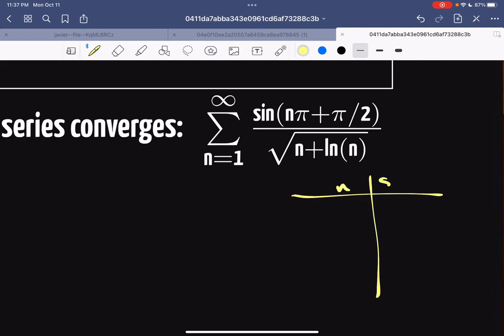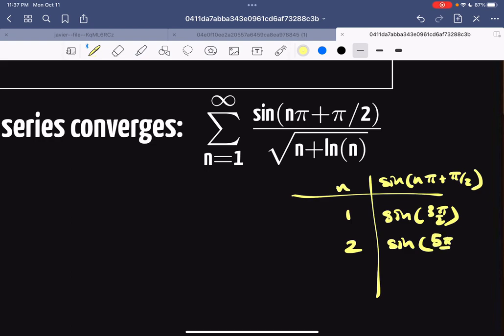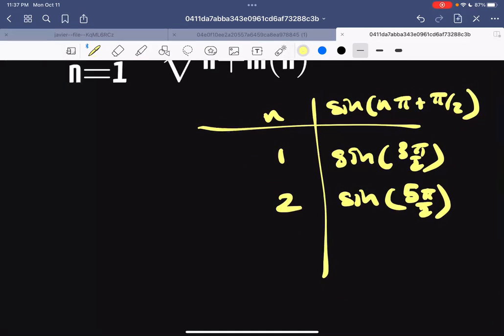For n and sine of n pi plus pi over 2. If n is equal to 1, this would give you sine of 3 pi over 2. If n is equal to 2, this would give you sine of 5 pi over 2. And so on and so forth.